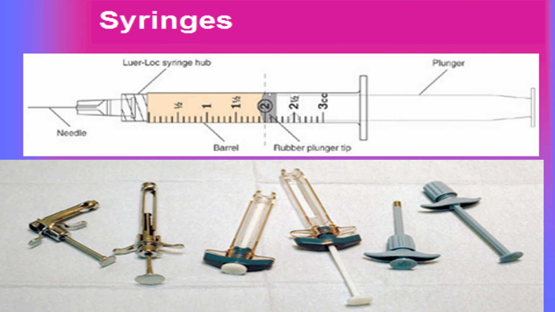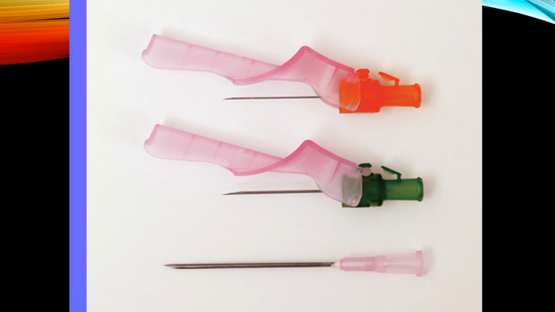The items at the bottom can be used to administer pre-filled syringes. You can see the different sizes of needles there. See how big the one on the bottom is versus the top. There's a difference, and also in the length of them as well.